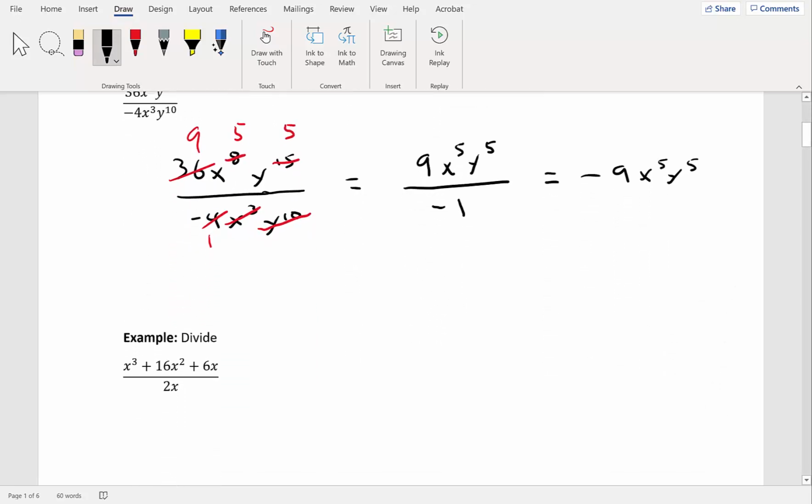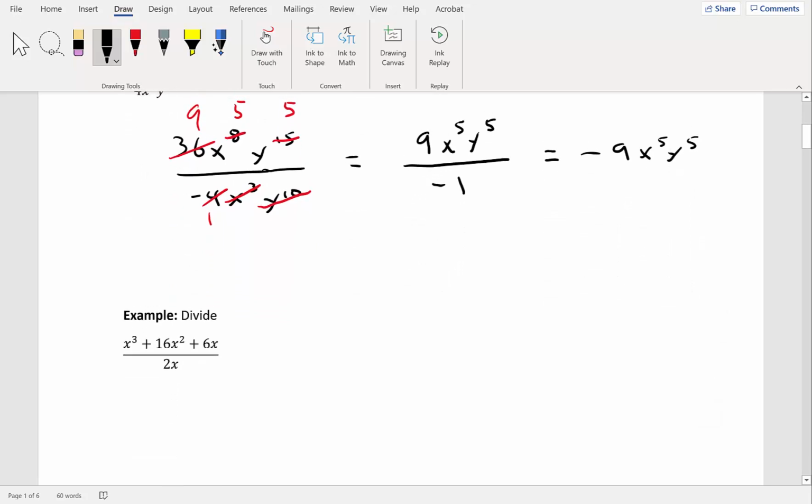Take a look at a different problem. This time we have a trinomial divided by a monomial. So we have these 3 terms divided by this one term: x to the 3rd plus 16x squared plus 6x, divided by 2x. Remember, our rule told us that whenever we're dividing by one term, whenever we're dividing by a monomial, divide each term in the polynomial by that monomial.